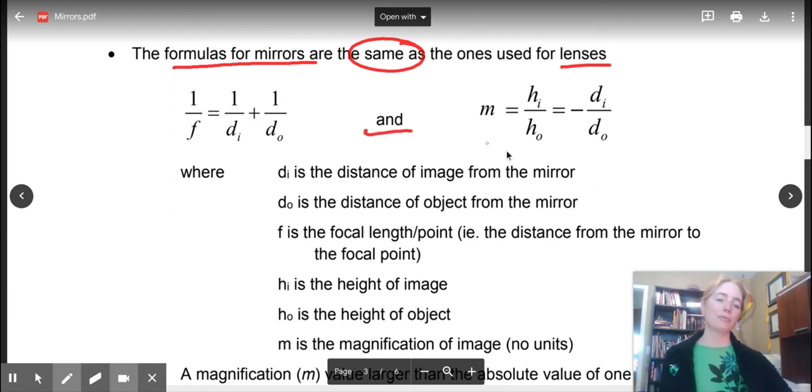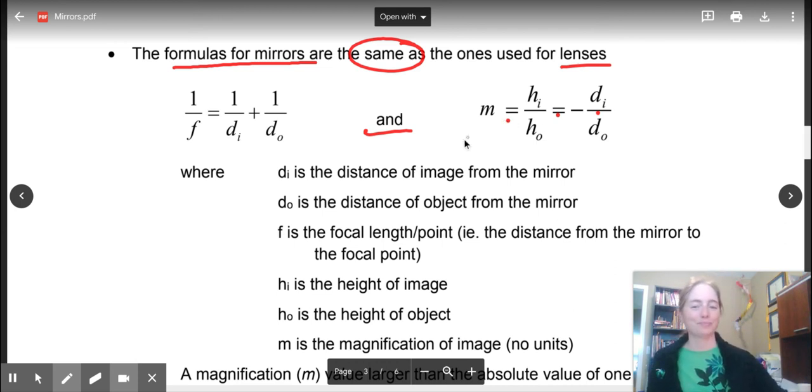And remembering our beautiful magnification equation, our M is our height of the image divided by the height of the object, which is then going to be equal to negative distance of the image divided by distance of the object. So once again, you don't need to use all of these. You just kind of pick the bits you need, and that'll help.